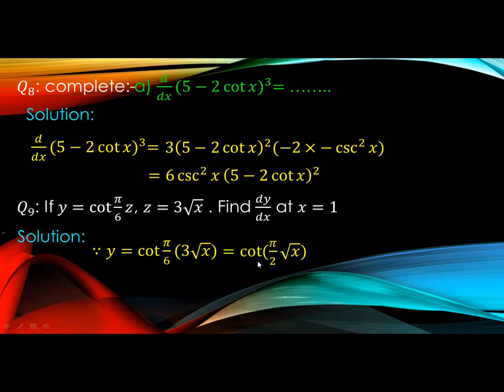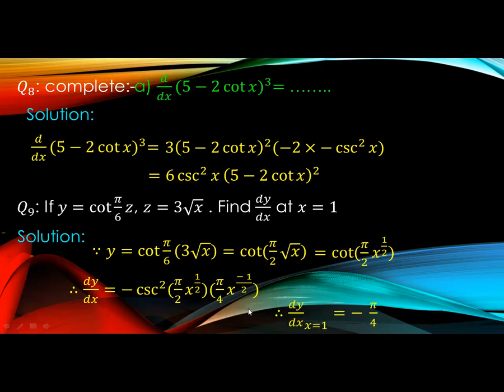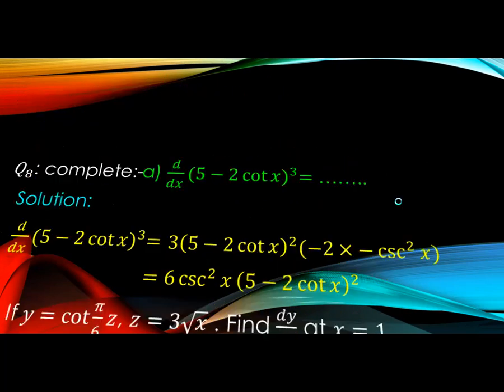In the simplest form, it is equal to cotan pi over 2 root x. We can rewrite this function in the form cotan of pi over 2 x to the power half. y dash, dy by dx, is equal to negative cosec squared of pi over 2 x to the power half, times pi over 4 x to the power negative half. So for the first derivative at x equals 1, we substitute the value of x by 1 to get the numerical value of this exercise, negative pi over 4.